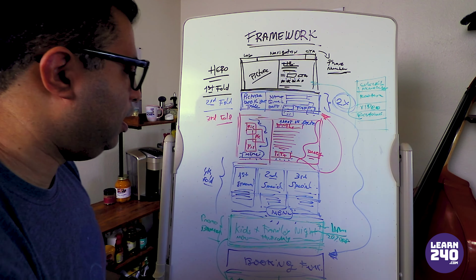Every single framework should have the vision of what is going to be the first impression, what is going to be the first impact I'm going to have from the page. The second is, how can I convince the visitor to take the action? And what is the action? The result is money.